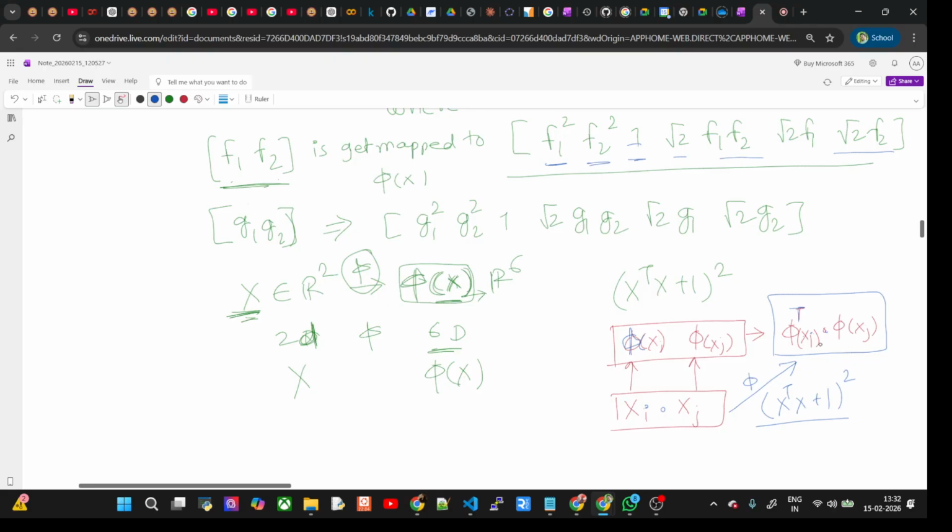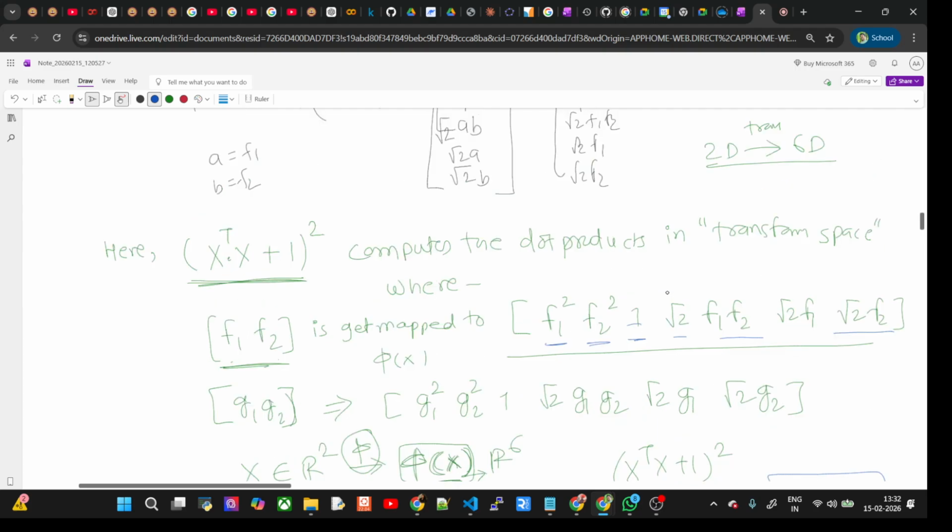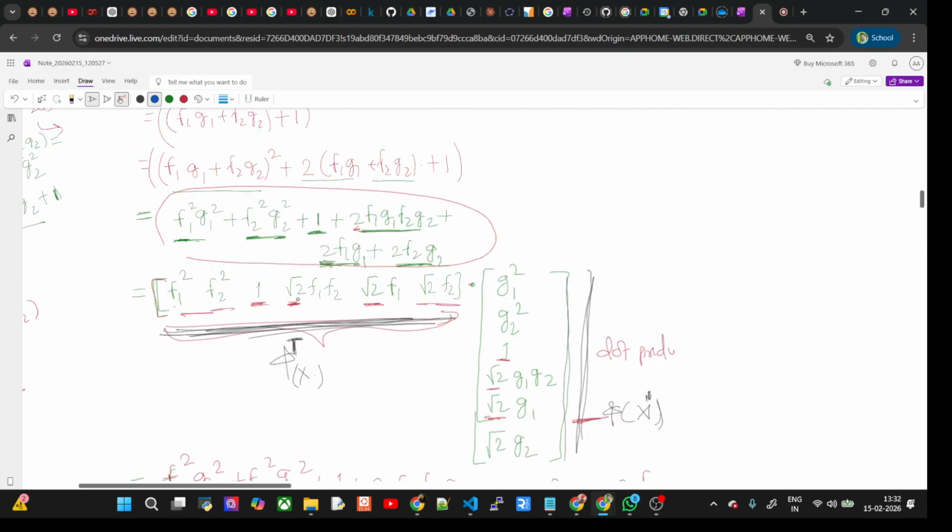Directly you are getting the dot product, because if you see here, f1, f2 is dotted with this, this dot product with g1 g2. So directly you are getting phi of x transpose phi of x prime. I'm not calculating phi of xi and phi of x prime separately, I'm directly calculating the dot product.